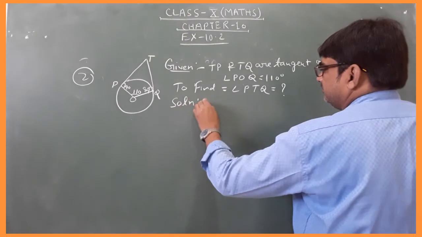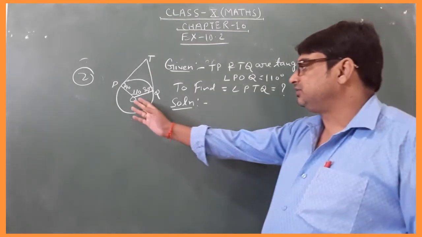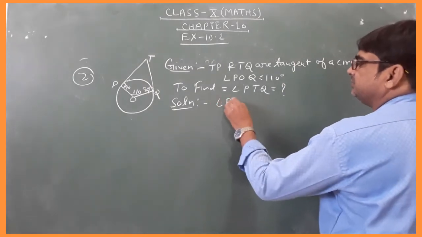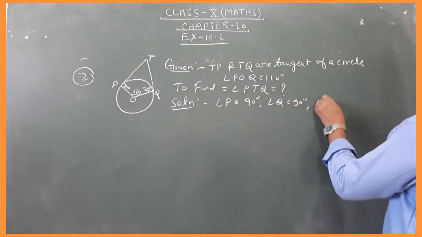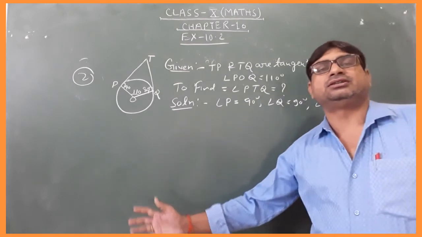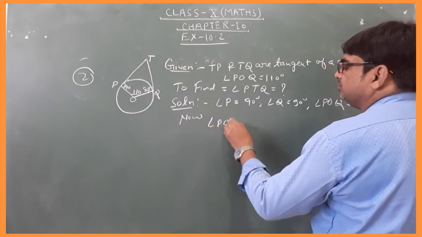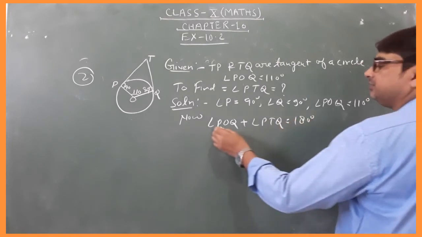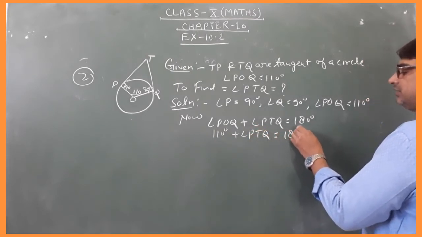Solution, आप क्वाड्रिलेटरल भी ले सकते हो और ये भी लिख सकते हो कि दिस प्लस दिस इज इक्वल टू 180 डिग्री. एंगल P is equal to 90, angle Q is equal to 90, angle POQ is equal to 110. आप 360 से भी इसको सॉल्व कर सकते हैं, 180 से भी सॉल्व कर सकते हैं. नाउ एंगल POQ प्लस एंगल PTQ is equal to 180. 110 plus angle PTQ is equal to 180 degree.